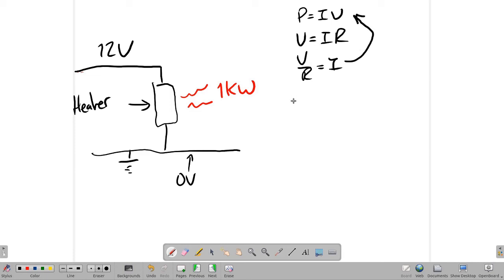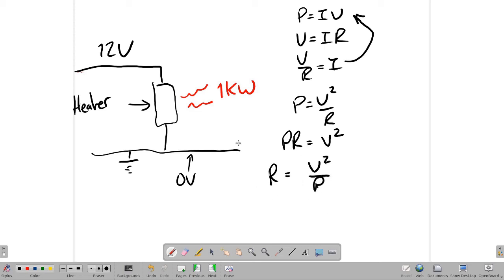So we end up with P equals V squared over R. We want to find the resistance, so I can multiply both sides by R to give us PR equals V squared. And because I'm looking for the resistance, I can divide both sides by power. So my resistance is going to equal V squared over P.